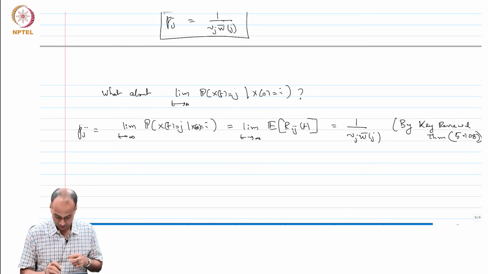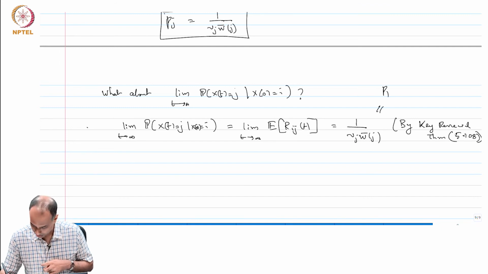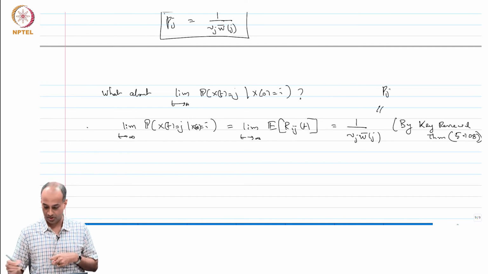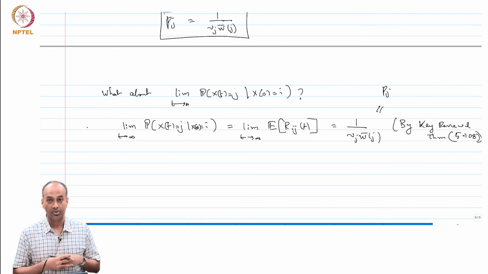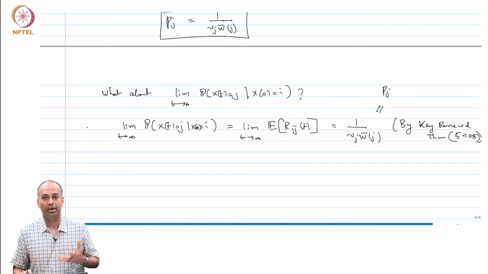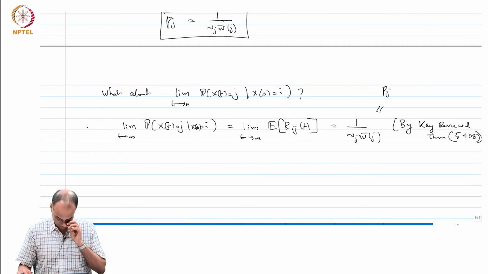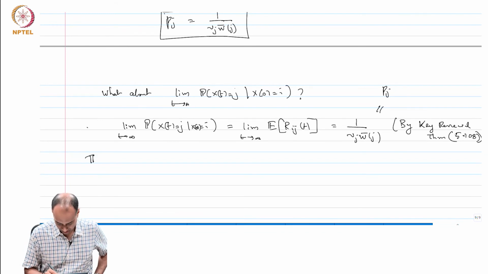Now, I want to find out this wj bar in terms that I understand, in terms of possibly the nu i's and pij's, the known parameters of the process. That is done as follows. This is an important theorem.